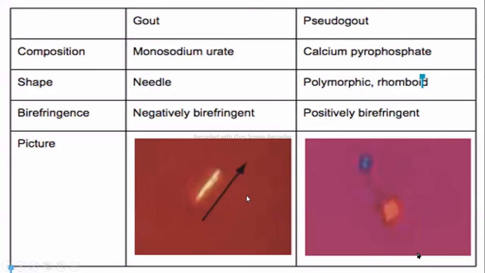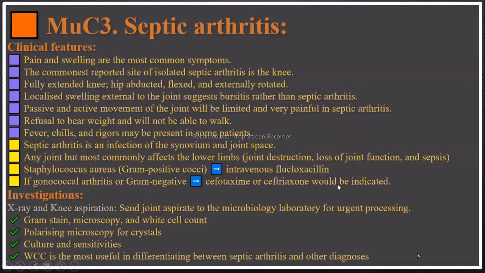This is the difference between gout and pseudogout. The composition, monosodium urate, here calcium pyrophosphate, and the shape here, as you see, like a needle. This one is polymorphic rhomboid, and this one negative, this one positive, and this is an image unlikely to be given to you in the exam.